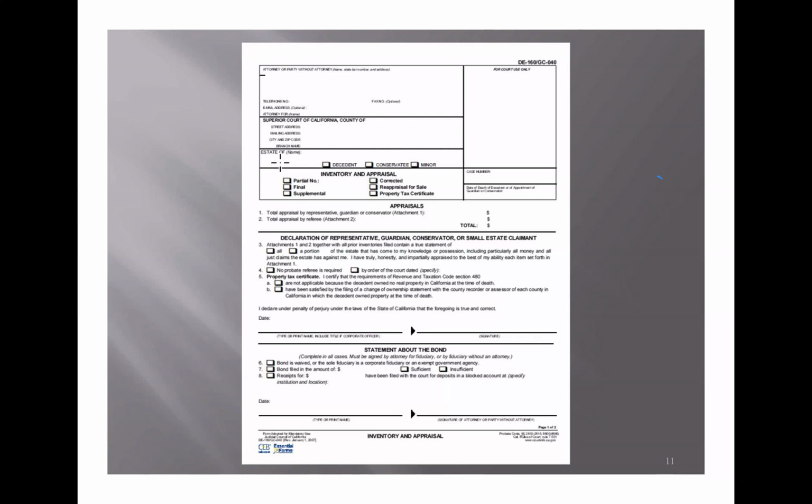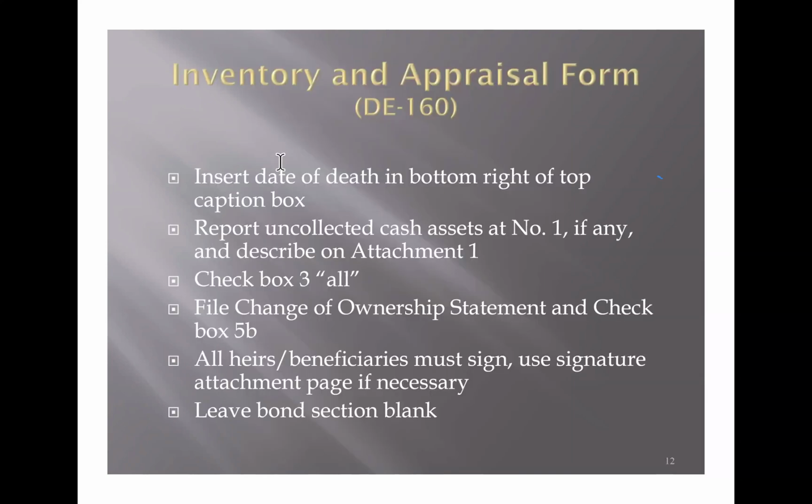You get to skip the part statement about the bond because no bond is required in the summary procedures. Okay, so these are written instructions to refer to that I just went over.